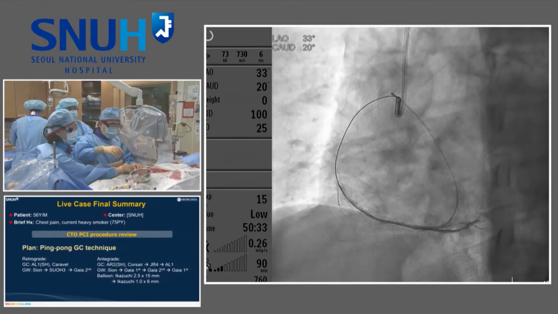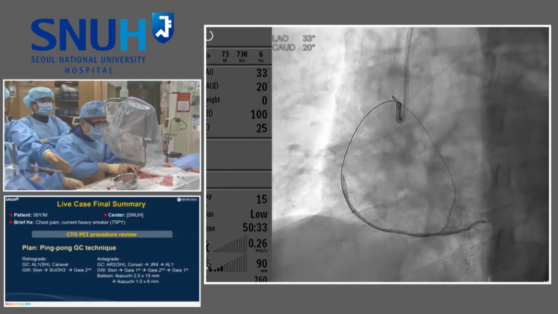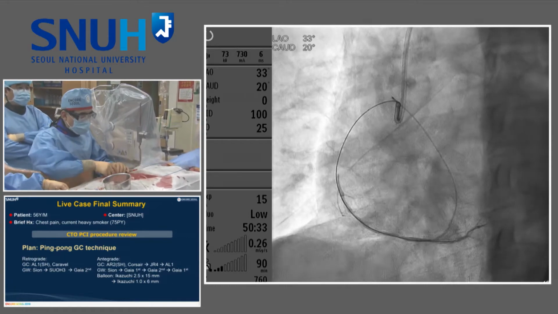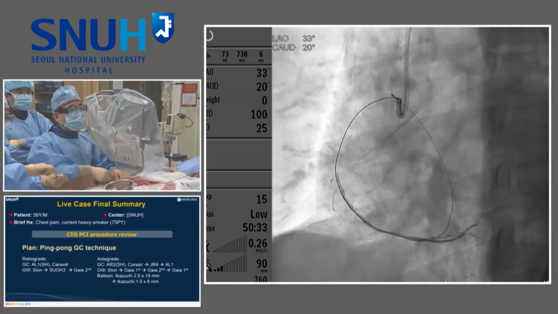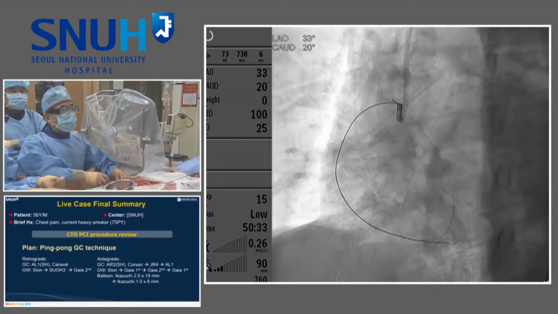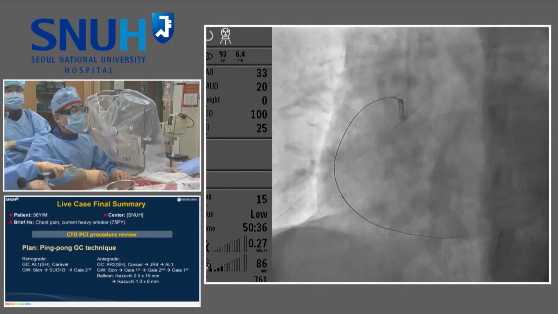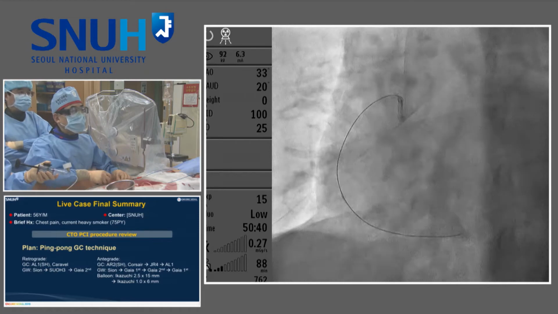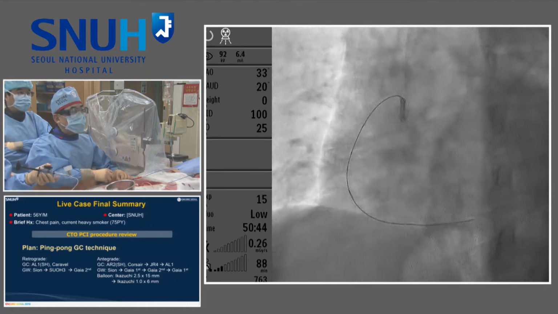As Dr. Seung-Wan Han suggested, it is a good strategy to make backup strong using just a single guiding catheter system rather than the ping-pong technique. With this technique, I can pass the wire antegradely and finally put the wire into the distal true lumen.